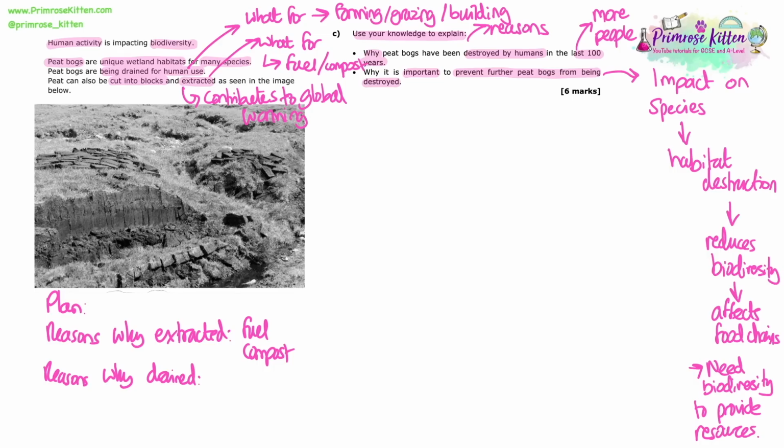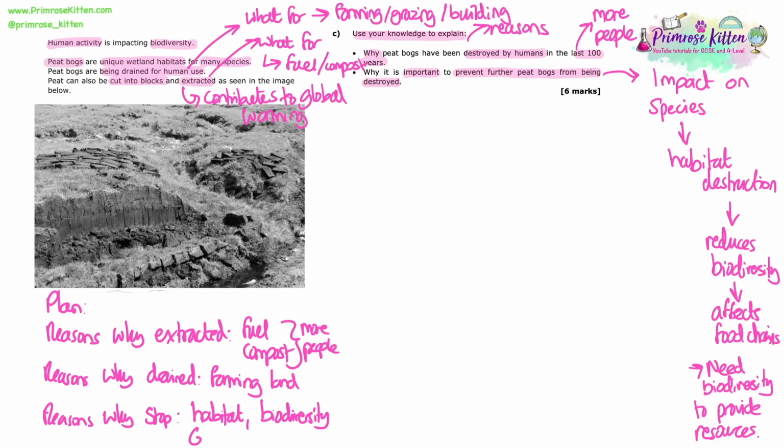So reasons why peat's been extracted for fuel and for compost, reasons why it's been drained: farming, grazing, building houses, whichever you want to use, and then the reasons why those have been getting worse, or why more peatland's been used for that, is because of the increase in population. So more people means more land, or more need for fuel, or more need for food.